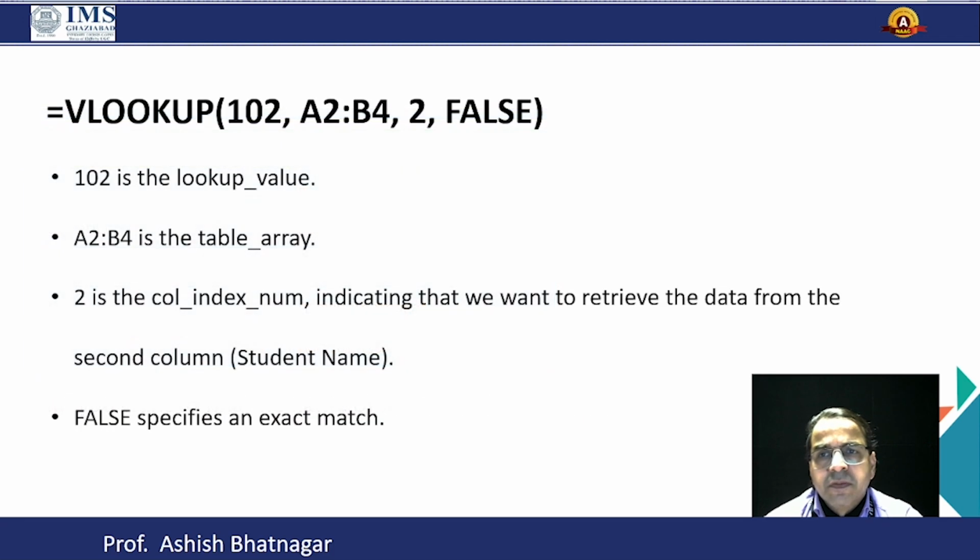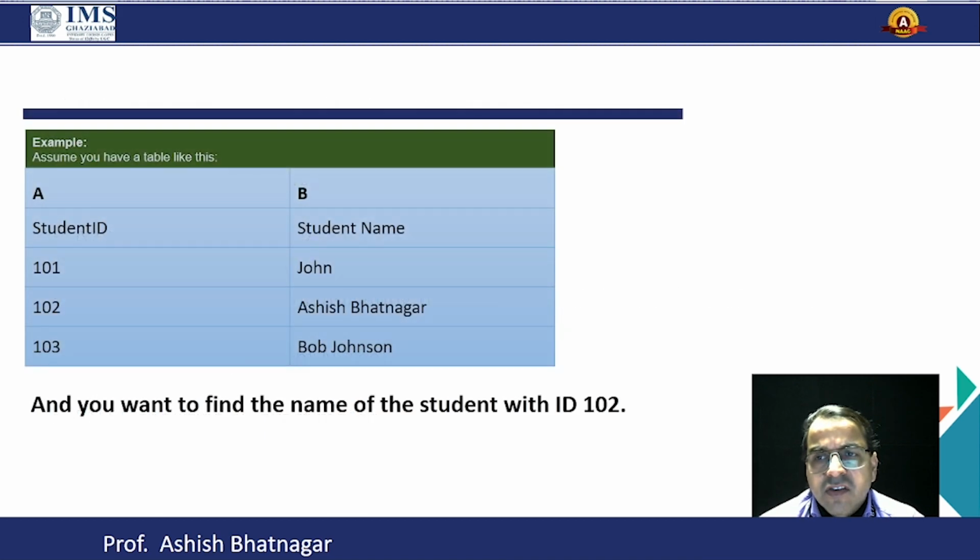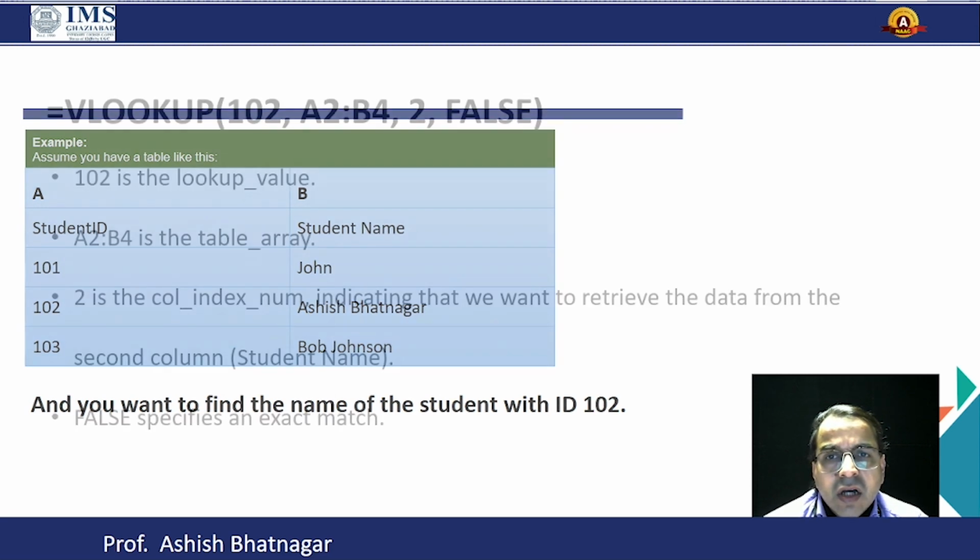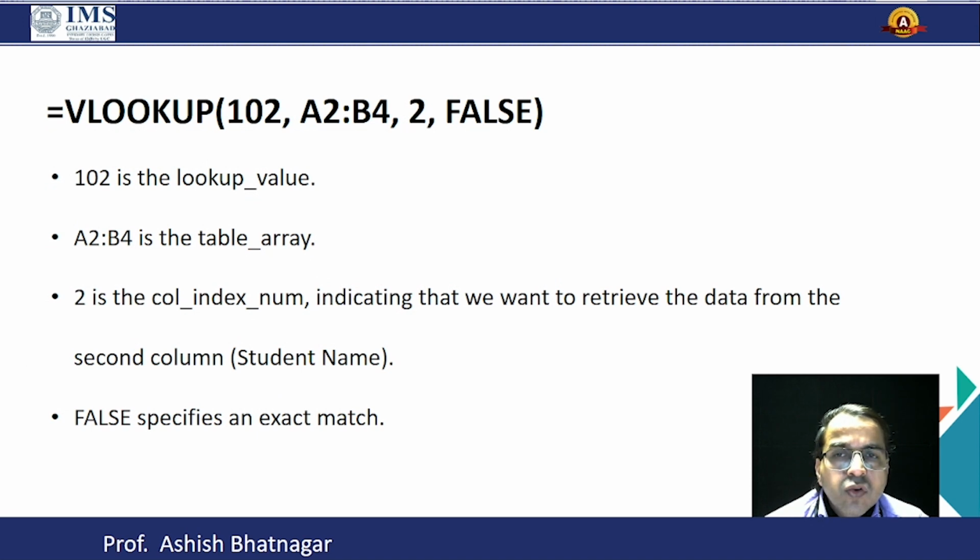So come to the point. We apply the formula equal to VLOOKUP(102, A2:B4, 2, FALSE). 102 is the particular student ID. A2 colon B4 is the array matrix, the overall records you have to search, defined in the form of a range.